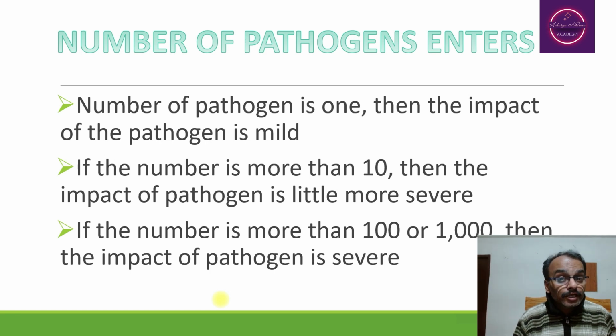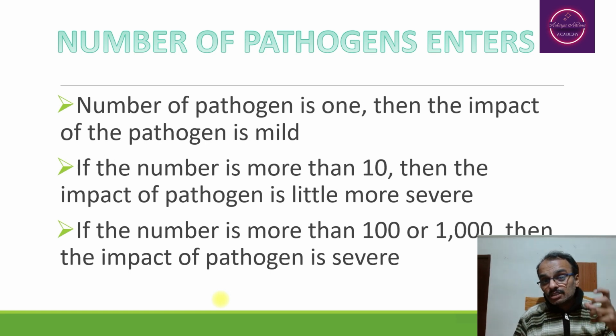Thereby, there may be reduced gastric mucus, and the person may have abnormal digestion. If 10,000 pathogens enter through the mouth, much more severe manifestations can happen in the alimentary canal. In that way, the number of pathogens decides the nature of pathological events, or the severity of pathological events in the human body.